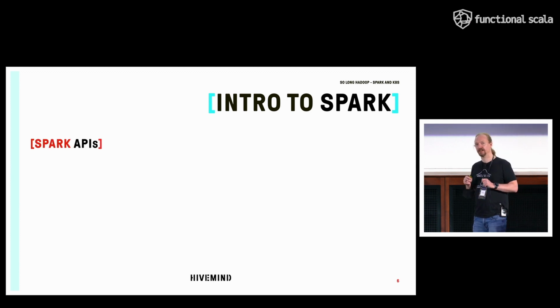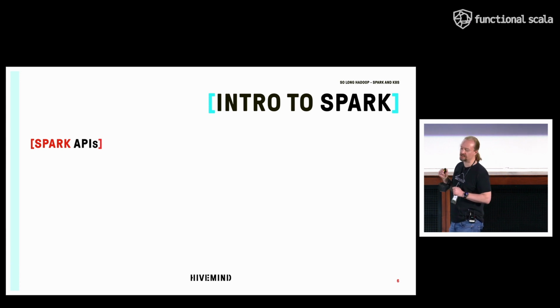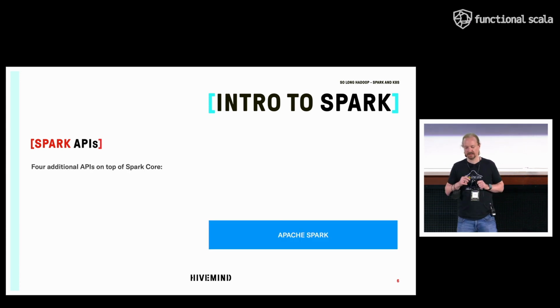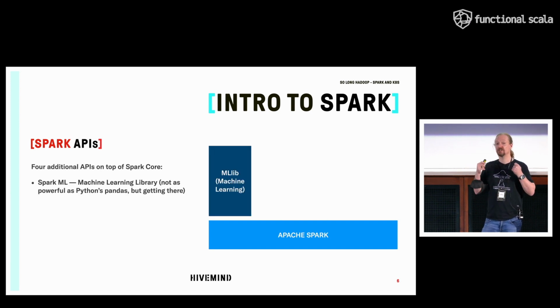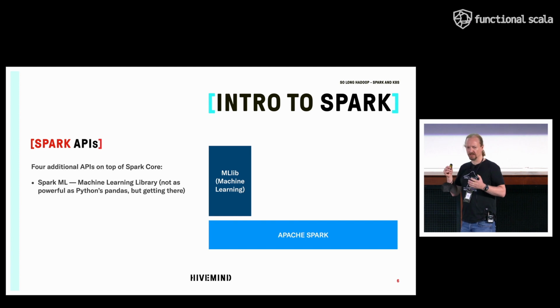Spark is also interesting in the sense that it offers quite a few APIs. So there's obviously the actual Spark core API. There's also a machine learning library, which is, let's say, maybe less powerful than what you'd find in the Python world, but it has one major advantage.